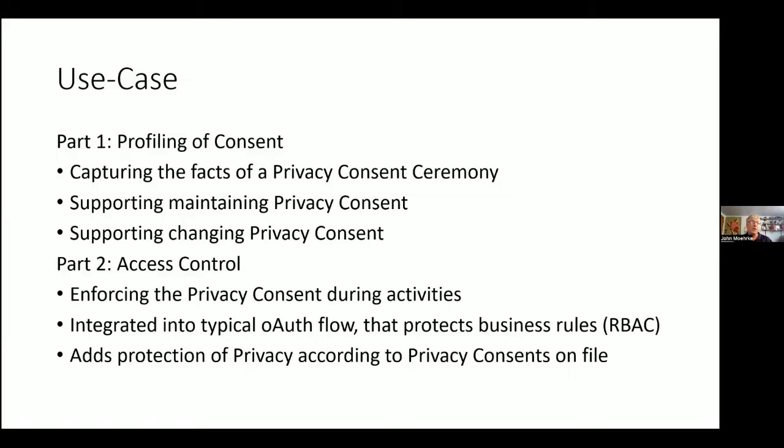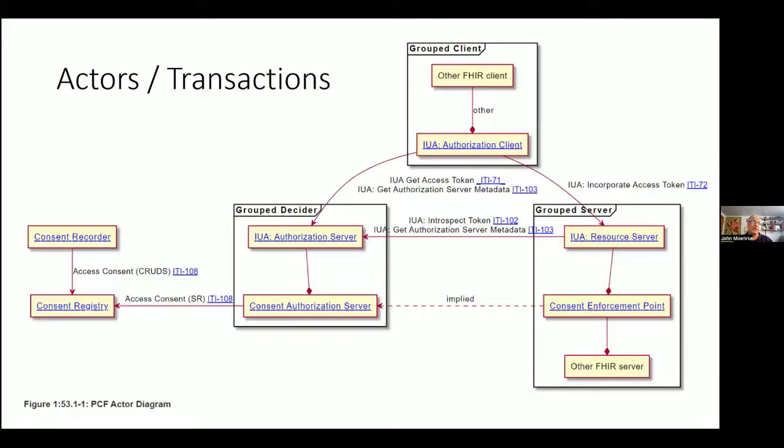What we did was we integrated the enforcement into an OAuth flow. So we're kind of used to Smart on FHIR as an OAuth flow, and we integrate this in. It's no longer just Smart on FHIR, it's Smart on FHIR Plus, those kinds of things. So this is the set of actors and transactions that IHE privacy consent on FHIR comes up with.